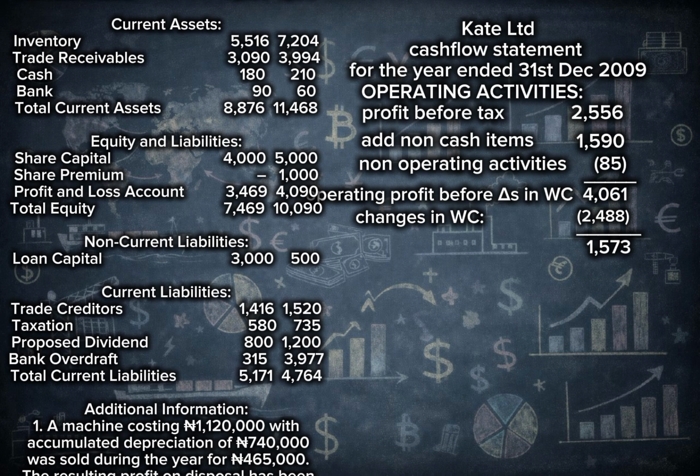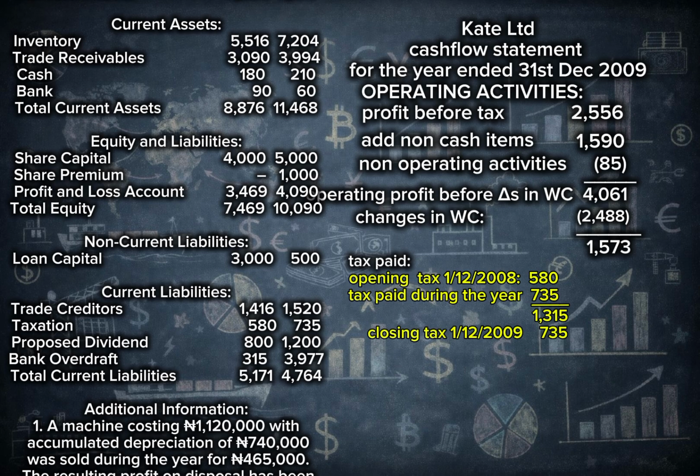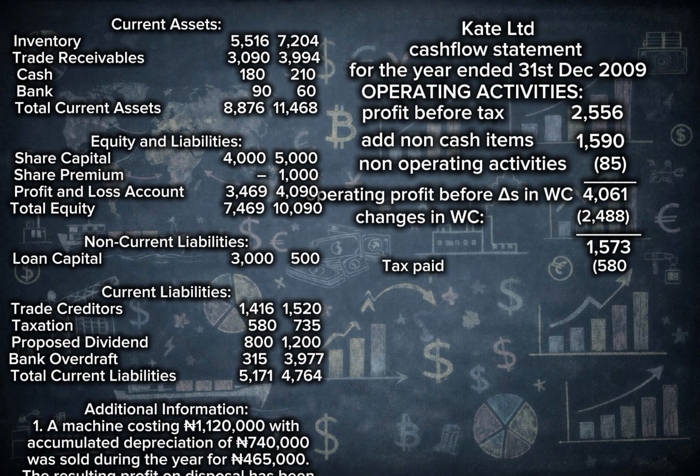Therefore, to find our tax paid for the year, we would say opening tax figure at the beginning of the year of 580,000 plus tax charge of 735,000 less the closing figure of tax for the year, which is also 735,000 naira, which will give us 580,000 naira to be deducted from operating activities.